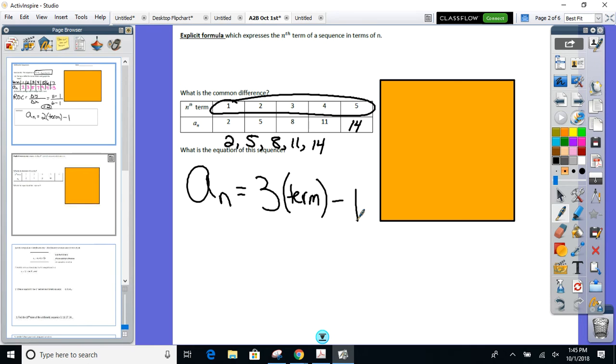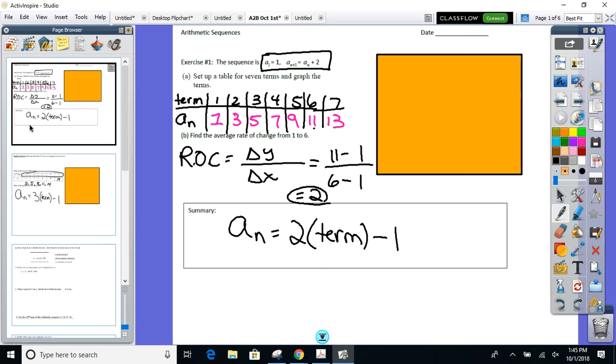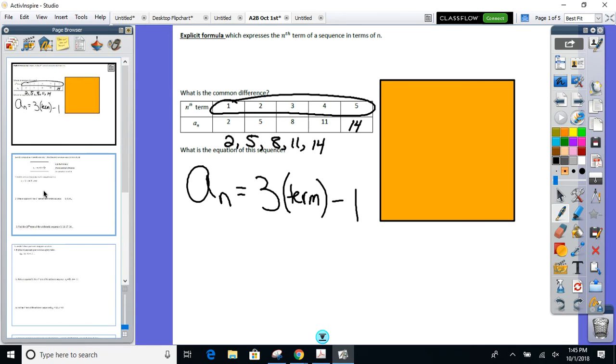Okay, so let me try to wrap all this together now. Remember our sequence here? 1, 3, 5, 7, 9. What was the pattern here? Well, add 2, right? What was our pattern here? Both times you're adding the same number, correct?